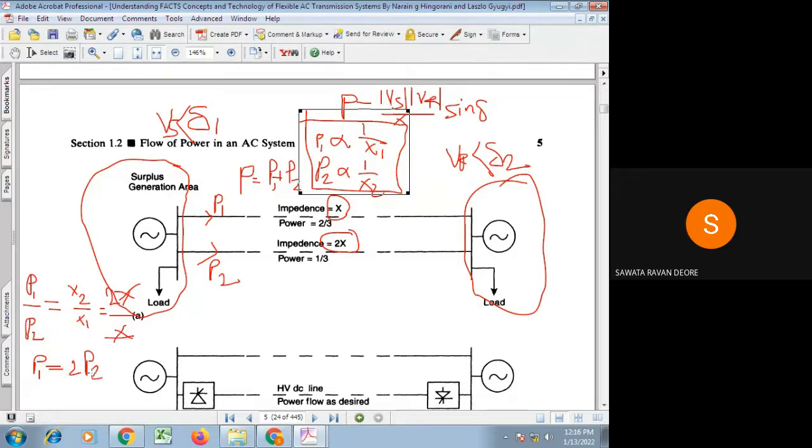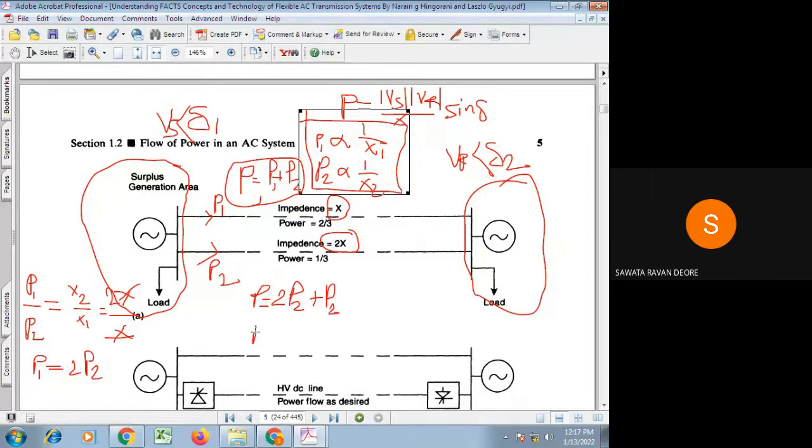Obviously, how much the values of P1 and P2 will be is decided by how much power is exchanged between these two regions, that is P. So we know the equation P is equal to P1 plus P2, and we know P1 is equal to 2P2. If we replace P1 by 2P2 in this equation, we come to know that P is equal to 2P2 plus P2.